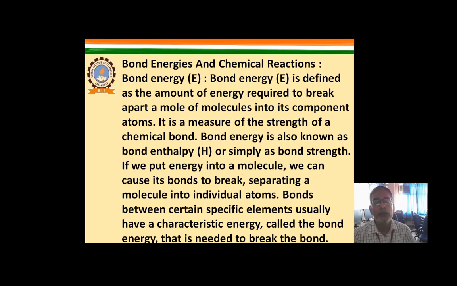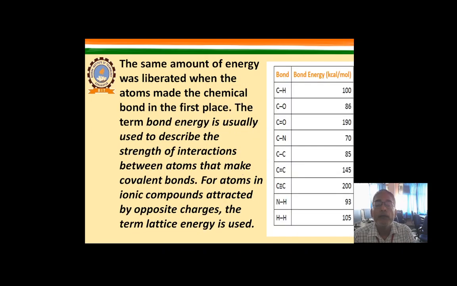If we put energy into a molecule, we can cause its bonds to break, separating a molecule into individual atoms. Bonds between certain specific elements usually have a characteristic energy called the bond energy that is needed to break the bond.